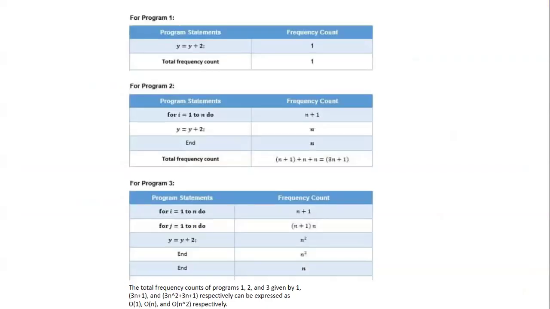So these two slides we already understood. In program one there are a different number of instructions, in program two there are different instructions, in program three there are different instructions. Respectively we calculate their complexity or total frequency count for programs one, two, three.